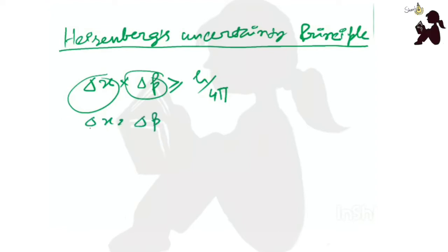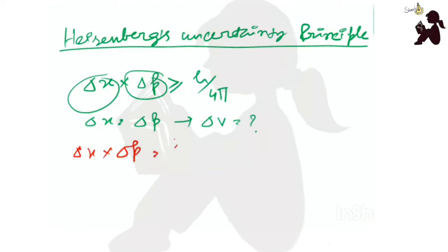They will give you this question: if the uncertainty in momentum and the uncertainty in position are the same, then what is the value of the uncertainty in velocity? So you can conclude it like this: del x into del p.